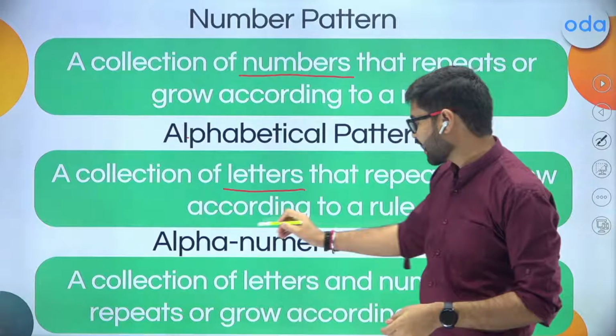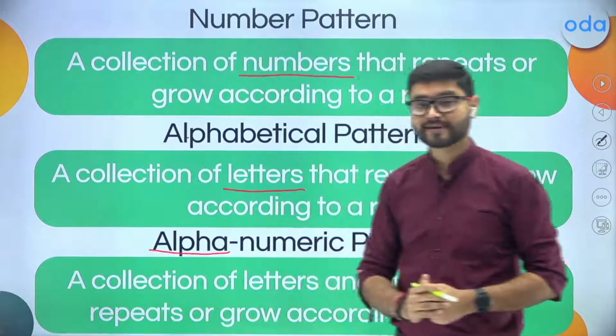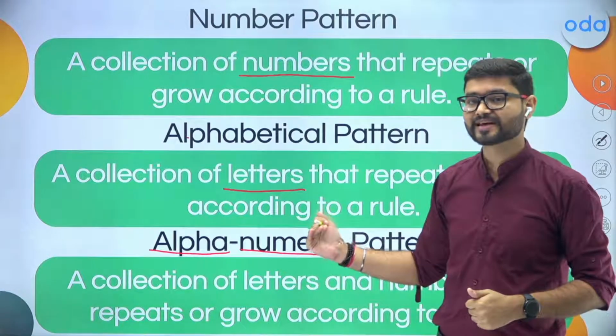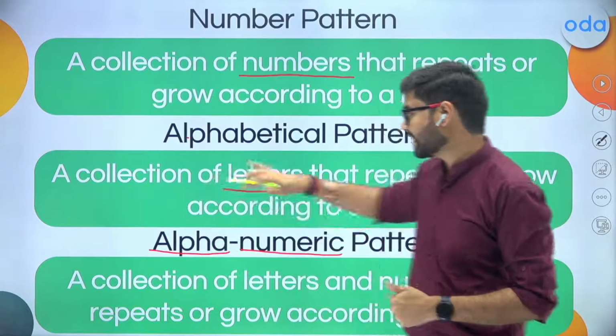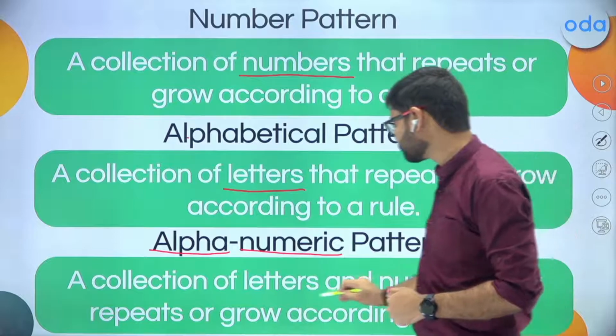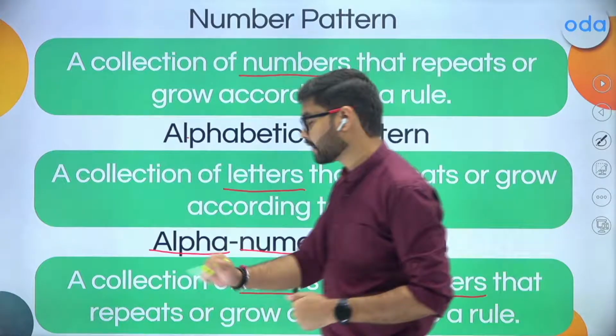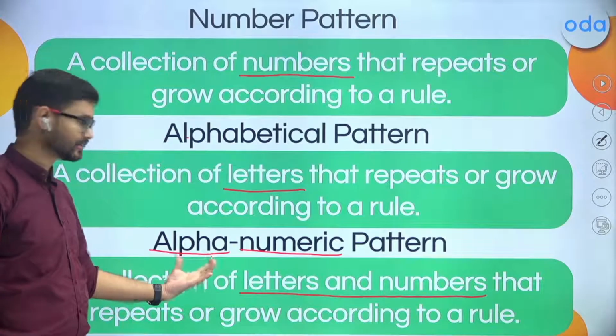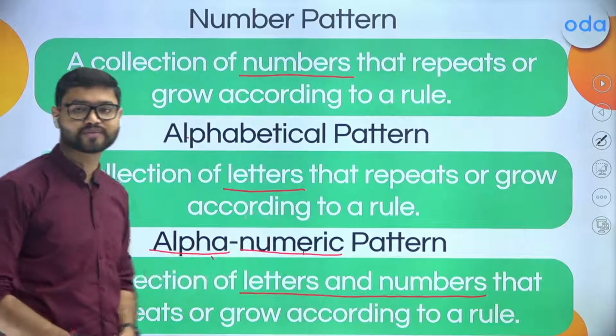So we have combined alpha for alphabets and we have numeric for numbers. So from the name itself, this is pretty much clear that in this we are going to have a collection of letters and numbers both. We are going to have collection of alphabets, letters, and we are going to have collection of numbers.